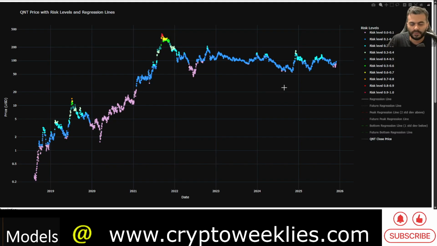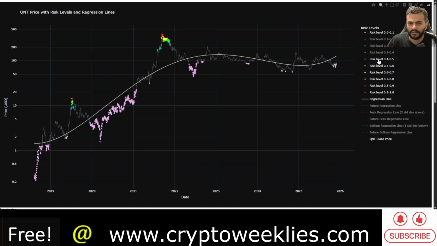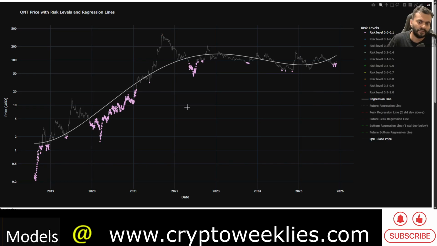So coming to the regression based valuation of what a fair value for Quant is using this polynomial regression analysis, whenever the price is significantly lower than this fair value, which is an estimation of a non-linear model of a fair value with 4 degrees of freedom. The key understanding is whenever the prices are in this purple colored region, there is no guarantee with any price action, especially for risky assets such as crypto and altcoins.